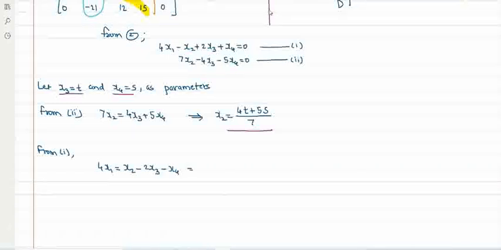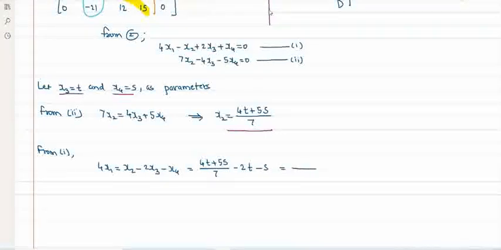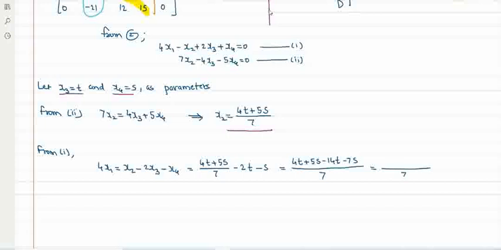I will substitute the parameters: x2 is 4t plus 5s divided by 7, minus 2 times x3 which is t, minus x4 which is s. Here I will take LCM as 7. Simplifying, 4t plus 5s minus 14t minus 7s, divided by 7.